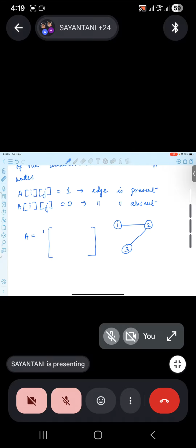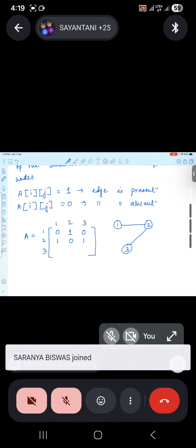I have to check how many nodes I have for this graph. I have 3 nodes, 1, 2, 3. Along the column, I'll have 3 columns, 1, 2, and 3. Now I'll check whether there is a connection between 1 and 1. No connection, so it is 0. Between 1 and 2, yes. 1 and 3, no. Then 2 and 1, yes. 2 and 2, no. 2 and 3, yes.